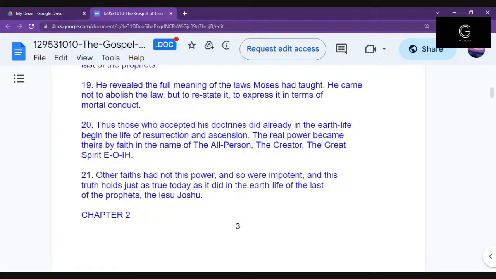Other faiths had not. The Jews had not this power. The Hellenistic had not this power. The Buddhists, the Brahmins, the Osirians had not this power. The Christos doctrine had not this power.